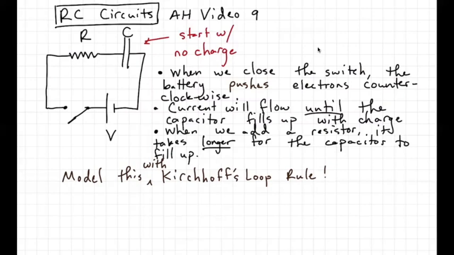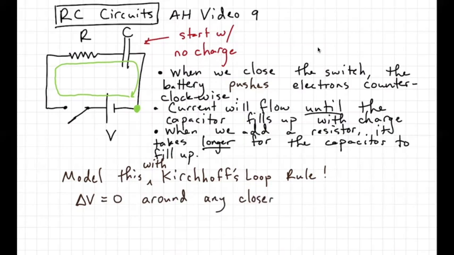It's still true that if I take a point here, let's say, and then I take a loop that starts at that point, goes around the loop and ends up back at the same point, the change in voltage is 0 around any closed loop. That's still true, and that's going to be the key to analyzing this circuit.